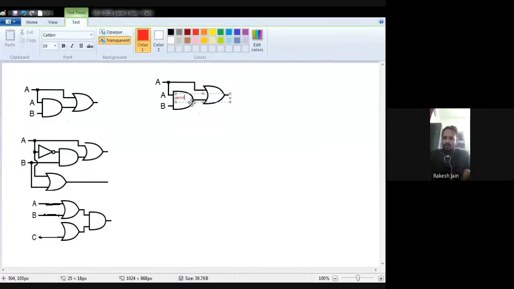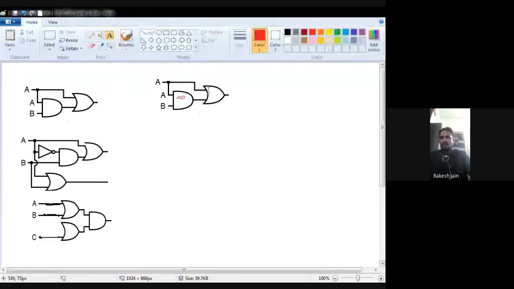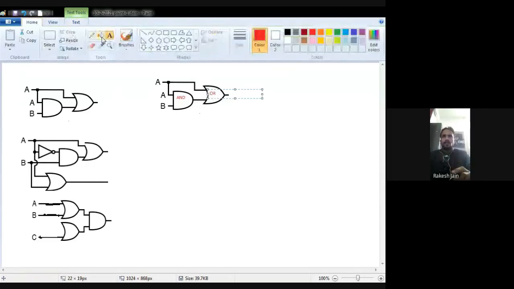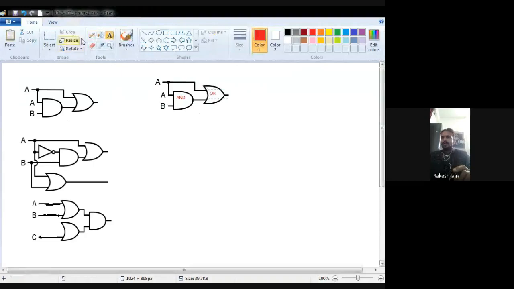So this is your AND gate, and this is your OR gate. Now what is the input of this gate? One input is A, because a direct line is connected.